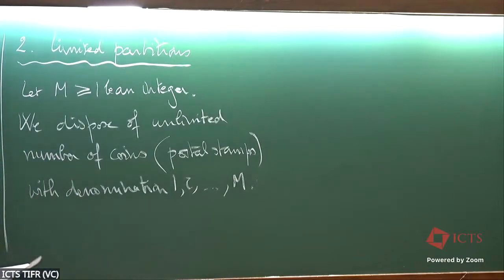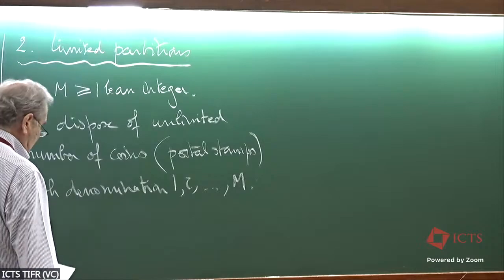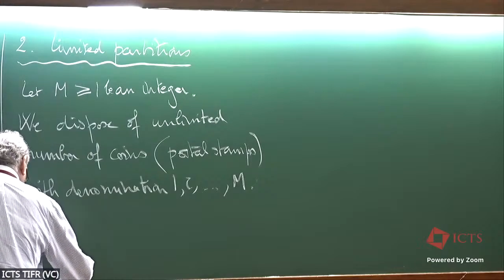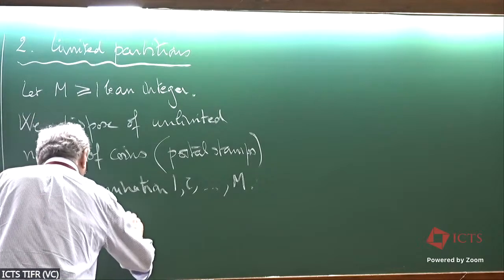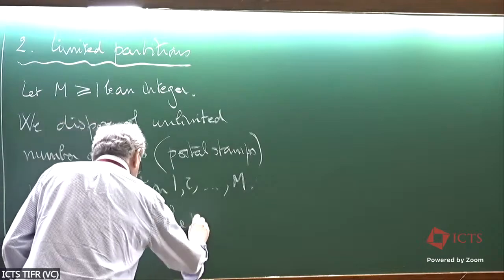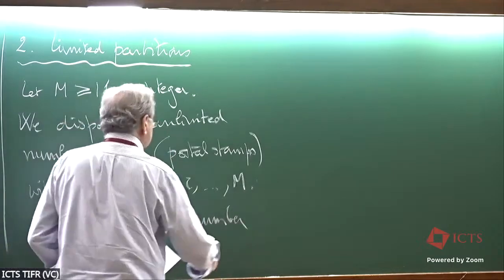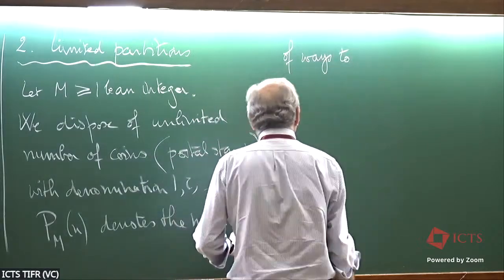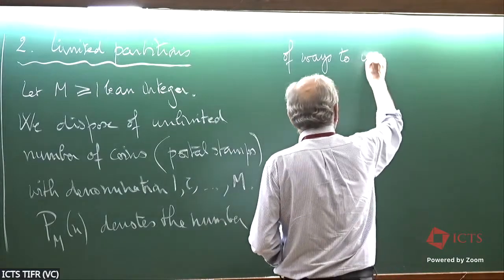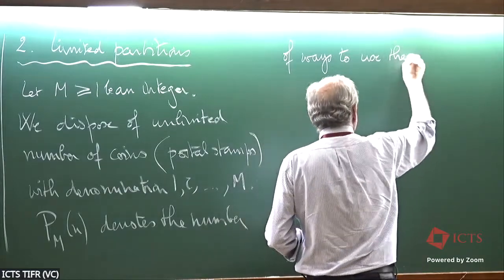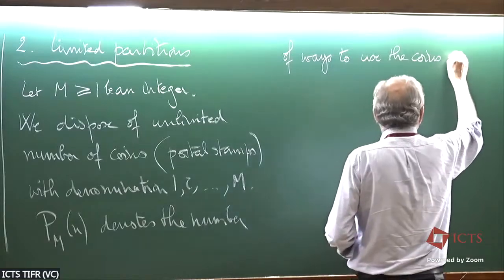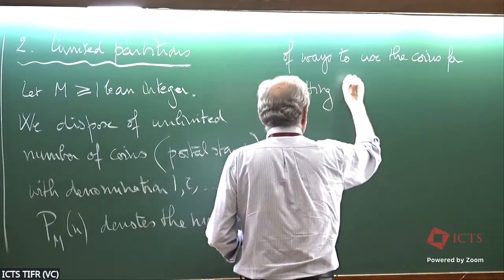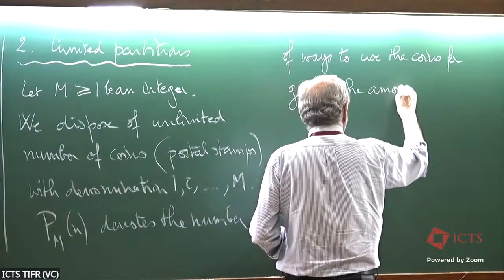Okay, so we dispose of an unlimited number of each denomination, and we want to know what is Pm of n, which denotes the number of ways to use the coins for getting the amount n.